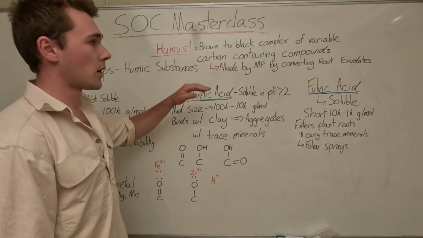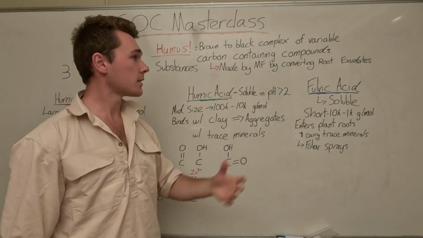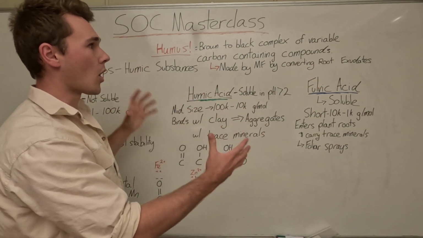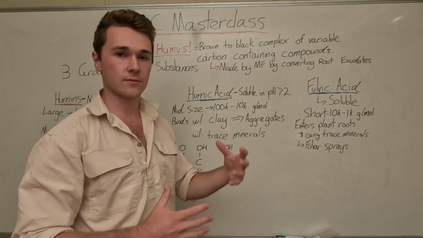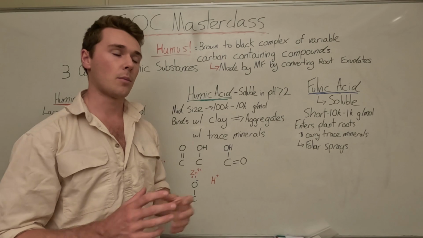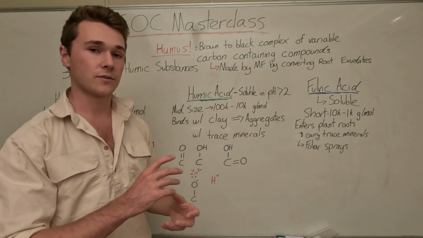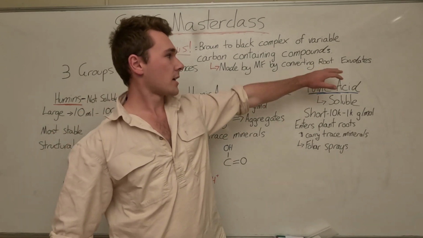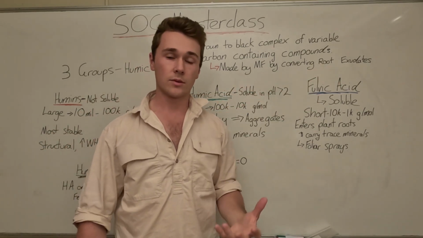It is made by mycorrhizal fungi by converting our root exudates into these really long, complex chains of carbon. It's not just carbon, it contains a whole bunch of different minerals that the mycorrhizal fungi pick up and attach to these chains. Now remember, our root exudates are also soluble organic matter.